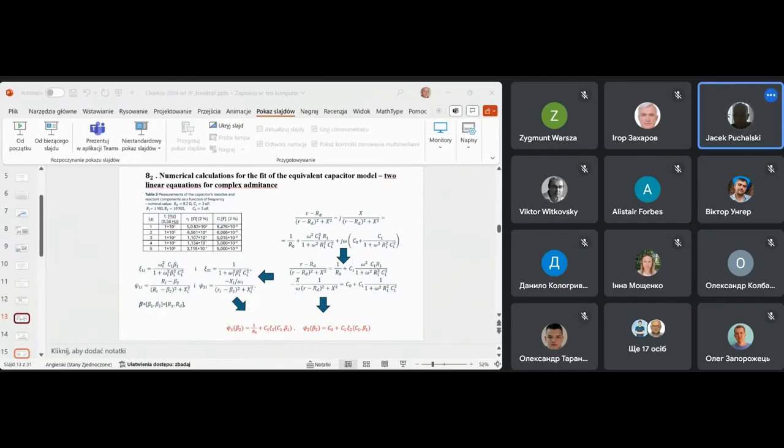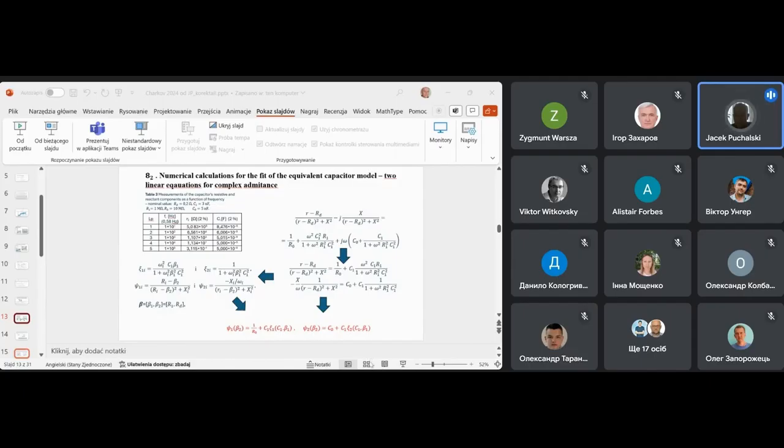So one of the possible ways to fit is to transform the admittance, which has a real and an imaginary part, into two equations, which can be interpreted if we put in the new variable in the following way. So we have 2 linear equations.